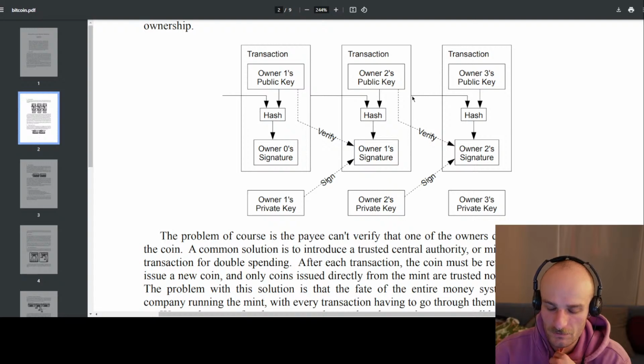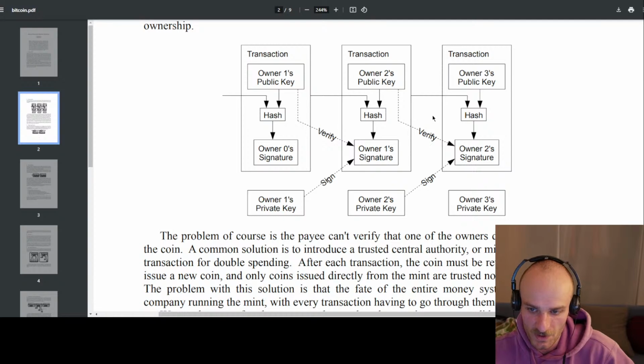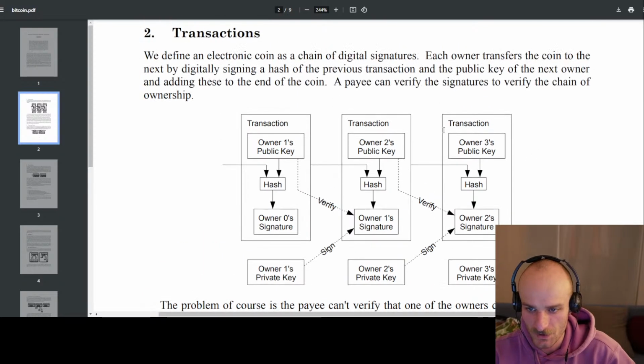Therefore, he will pass him a hash of a script, a hash of some instructions.